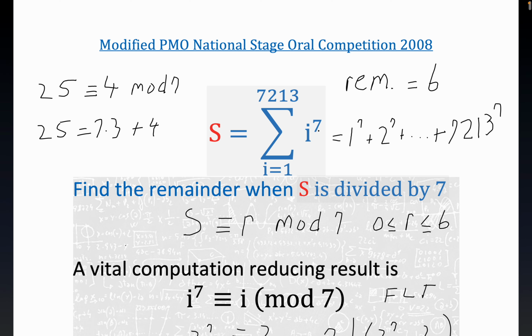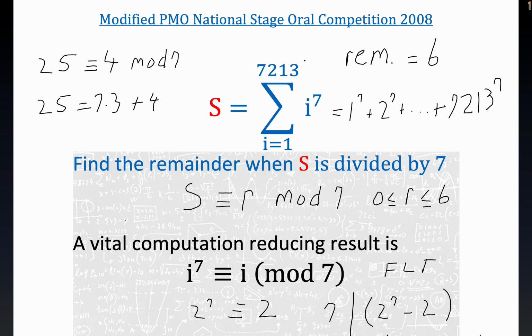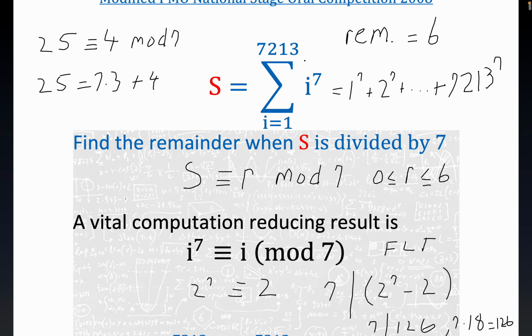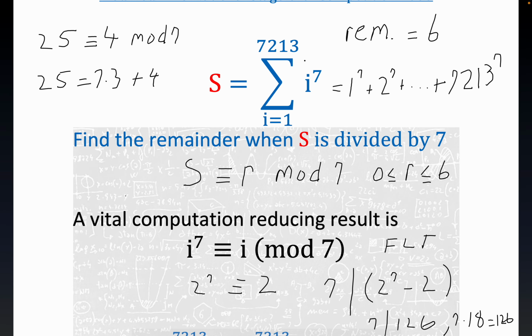I guess you had competitors standing on a stage answering the questions in front of judges, I think that's what they mean by oral here. Maybe you had pencil and paper, I don't know, or if you're just doing it on the fly under time constraints. But I think it was raised to the 5th power, and that's an easier calculation. Divisibility by 5 is much simpler than divisibility by 7.